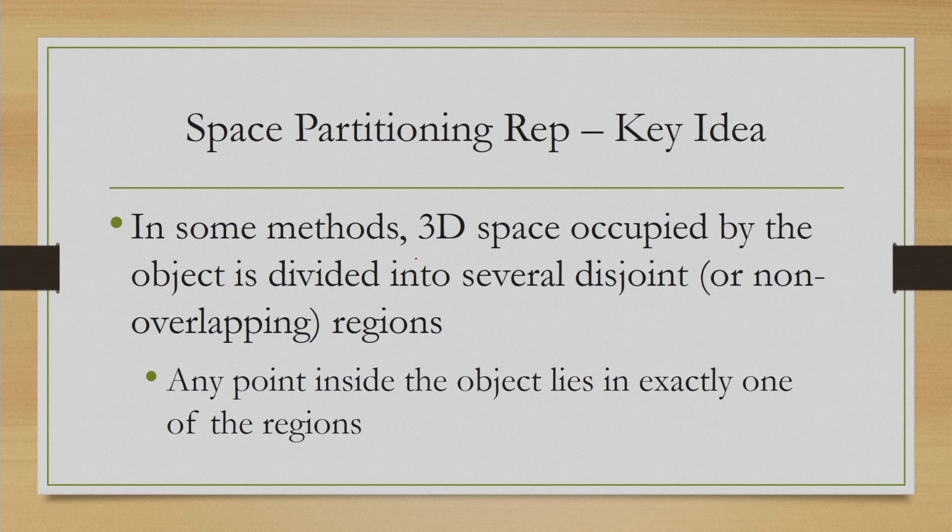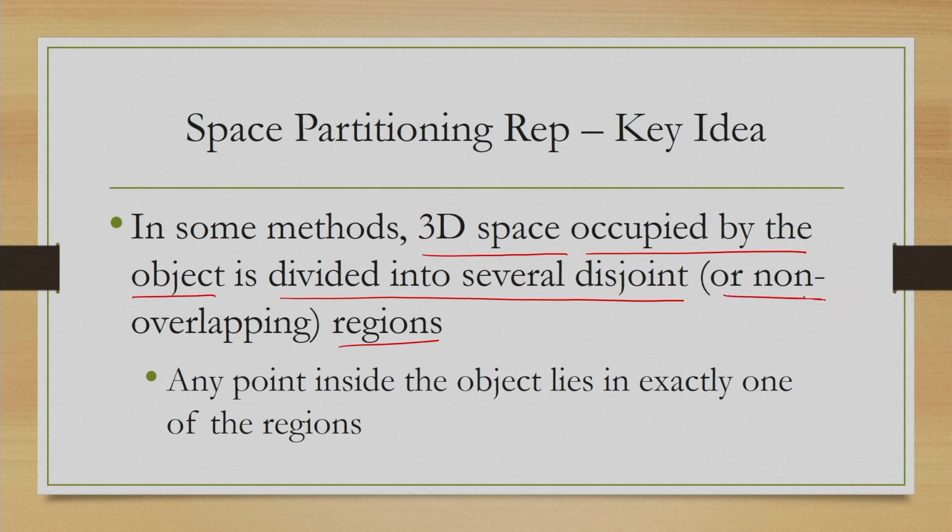There are other techniques in which we do not represent objects in terms of boundaries. Instead, what we do? We use the 3D space occupied by the object to represent it. Now, we divide the space into several disjoint, or non-overlapping, regions.